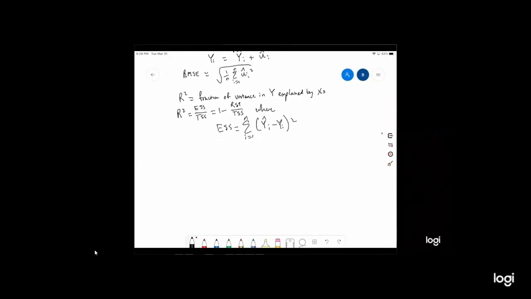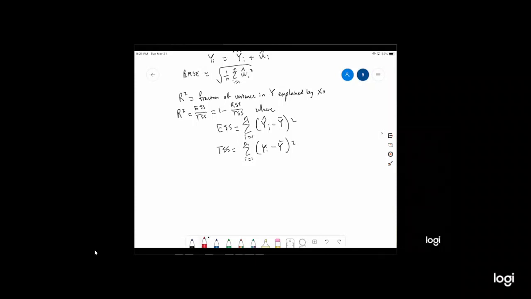The total sum of squares is equal to the sum of i equals 1 to n of y i minus y bar. Actually, I wrote that wrong up there. Should be y bar. So it's the difference between these two.